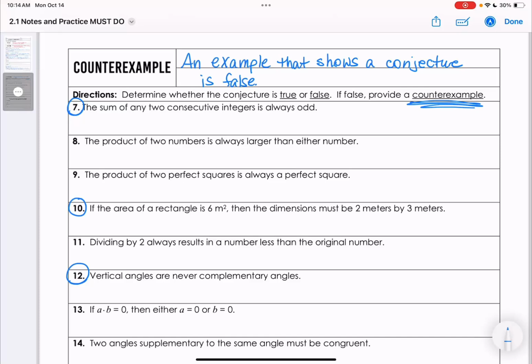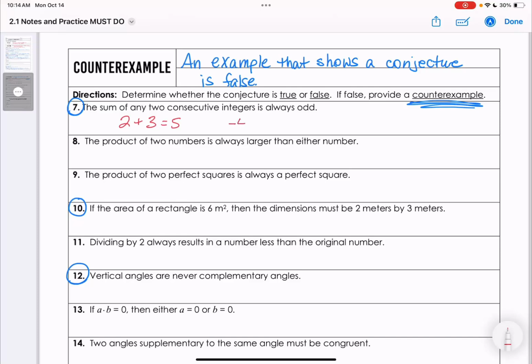So thinking back to integers, they included negative numbers, 0, and positive numbers. So let's check and see on our positive numbers, the sum of any two consecutive integers. For example, 2 plus 3 equals 5. Is 5 odd? Yes. Let's try it with negatives.